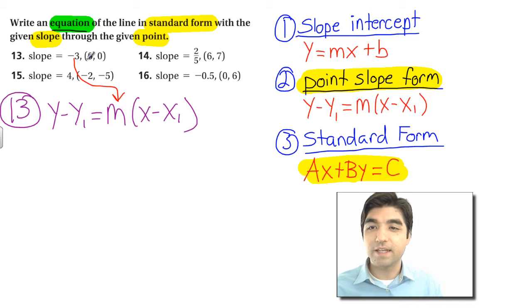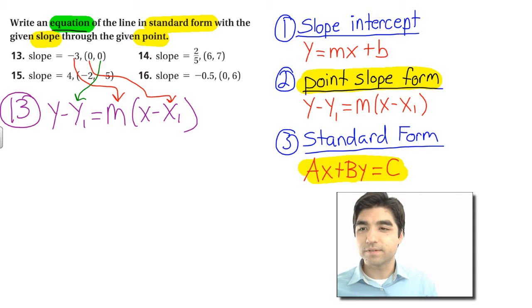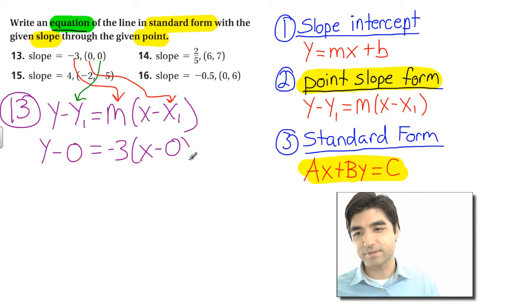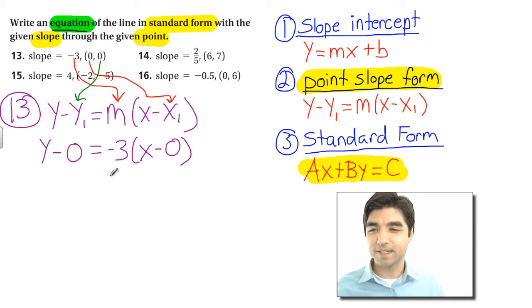So we have an x value here, which we're going to put right there. And we got a y value, which we're going to put for this y1. So if I replace those in here, we got y minus 0 equals our slope, which is -3, times x minus 0. So this should be an easy one since we got zeros.